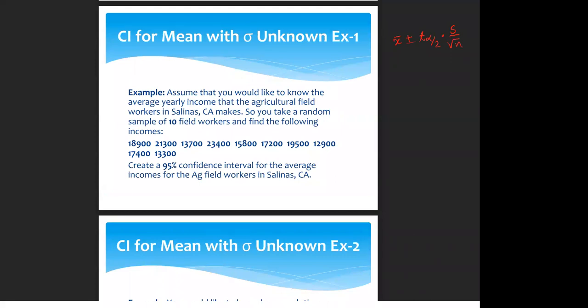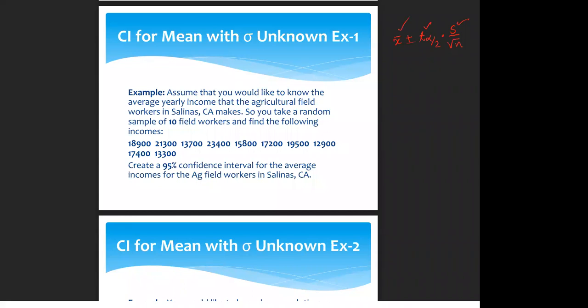I just realized that you don't have the tools that you need in order to do the problem, because you still don't know how to look up the T distribution table values. And then you need the sample standard deviation, which you don't know yet, and sample mean, you don't know it either. So let me just do the first problem, then you can try the second one.